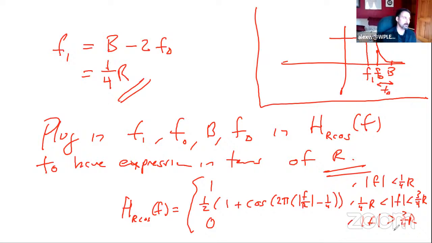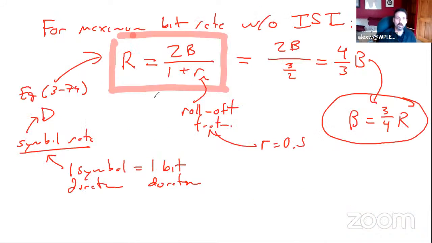So if there was a walk-away equation from all of this, something from lecture 9 you need to pay attention to, it's this expression here, because of the absolute bandwidth of the raised cosine pulse versus the achievable data rate with 0 ISI.